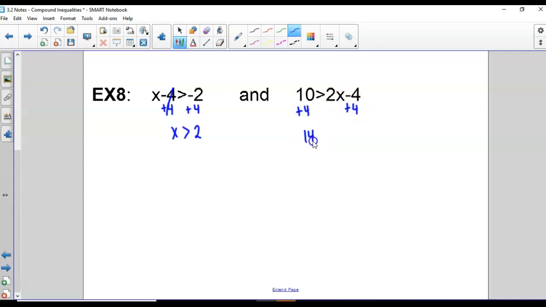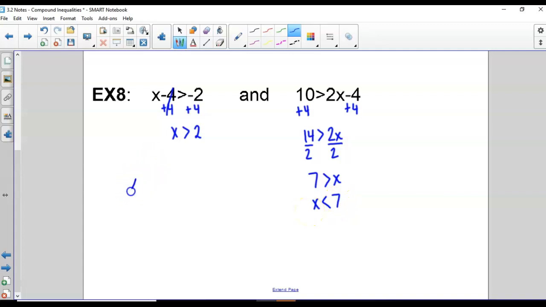So we get 14 is greater than 2x. We're going to divide by 2. So I get 7 is greater than x. And then I like to write this with the x first, and if I'm going to do that, I've got to flip the sign because the alligator is eating the 7 here. So the alligator has to eat the 7 whenever you turn this around.